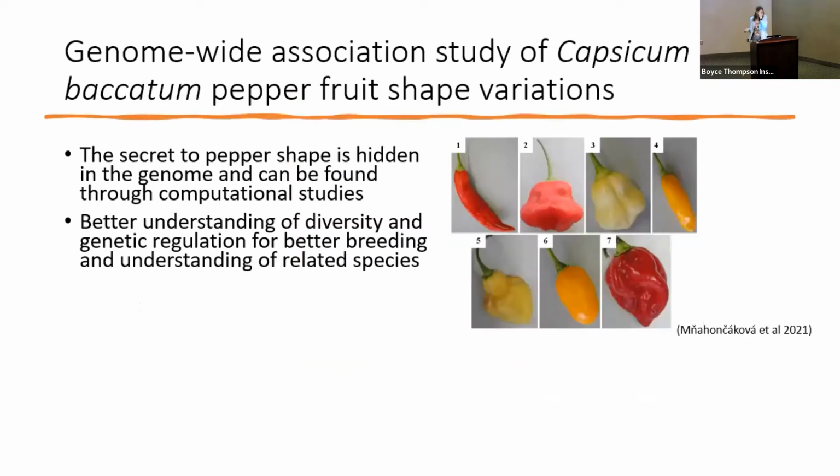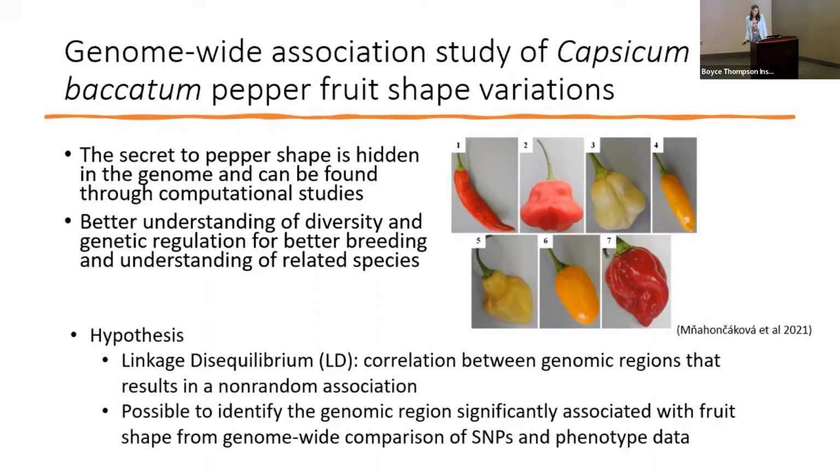For this project, I looked at the pepper genome through computational studies to try to find the reason behind pepper fruit shape variation. We want to do that to have a better understanding of the diversity and the genetic regulation of fruit shape, and to have better breeding and a better understanding of related species. The hypothesis underlying this relies on linkage disequilibrium, which I mentioned earlier.